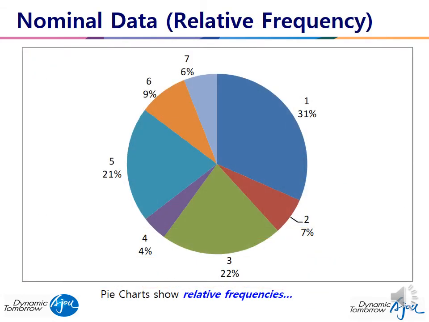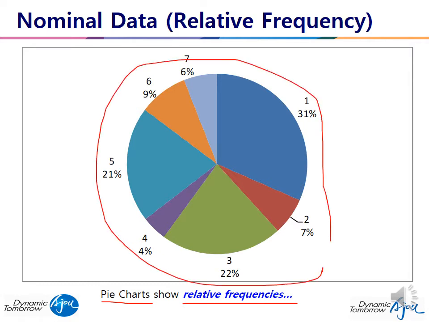Or from the relative frequency distribution, we can create a pie chart. Bar chart from frequency distribution, pie chart from relative frequency distribution. The pie chart shows relative frequency like this. Number 1 is 31%, number 2 is 7%, number 3 is 22%, like this.